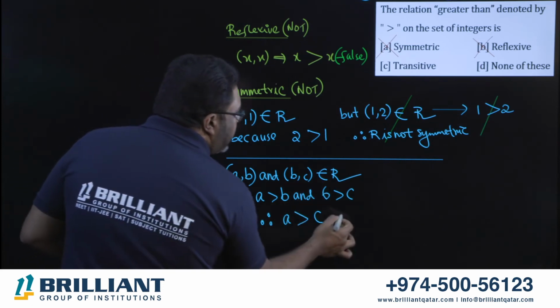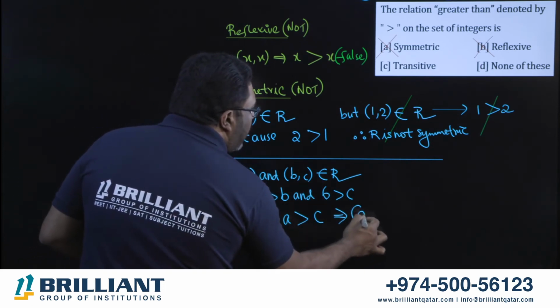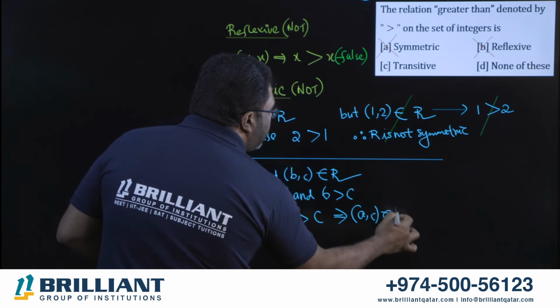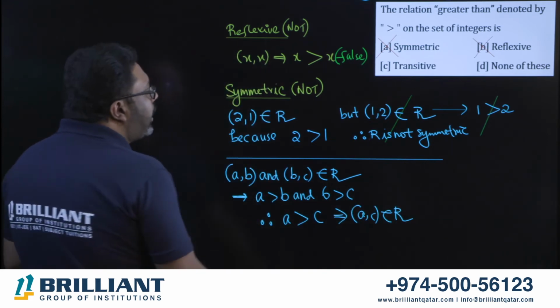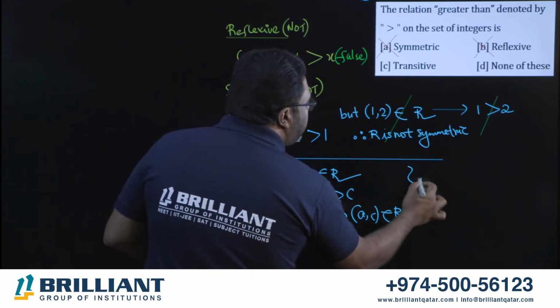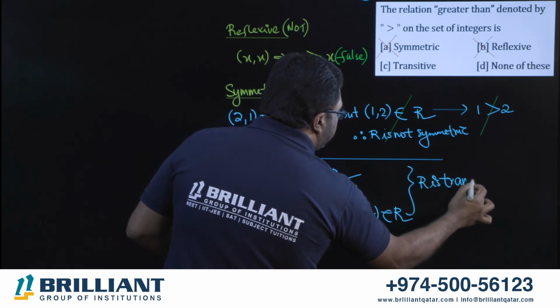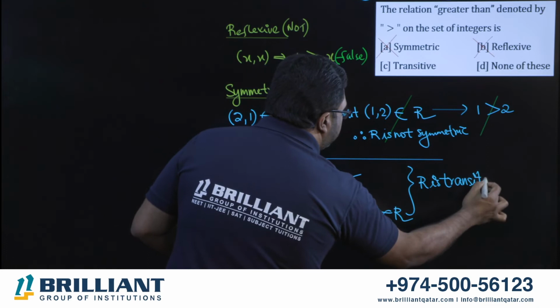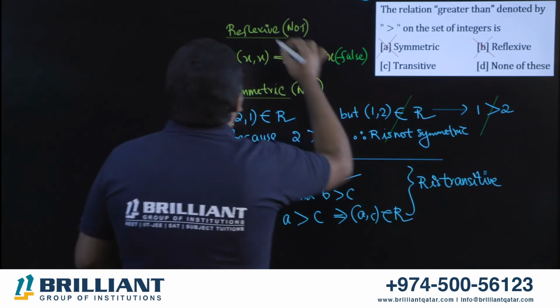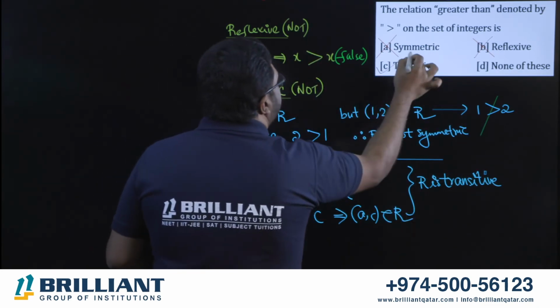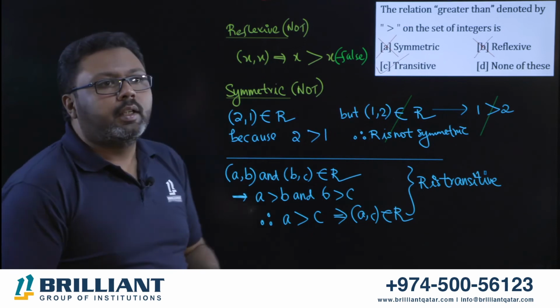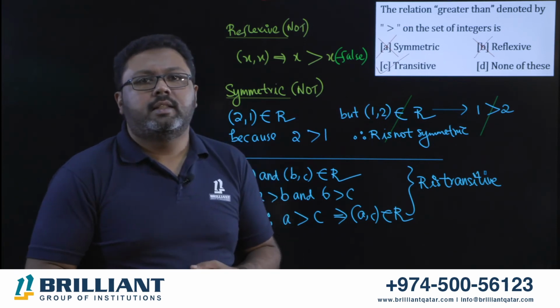Therefore, the ordered pair A comma C belongs to R. Yes, therefore R is transitive. So, tick option C, R is transitive.